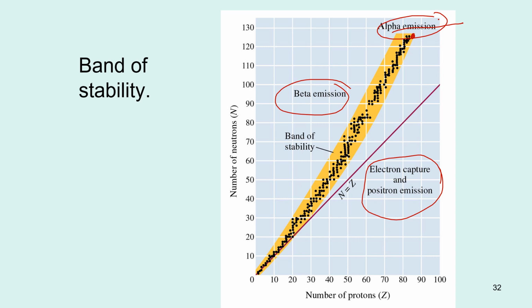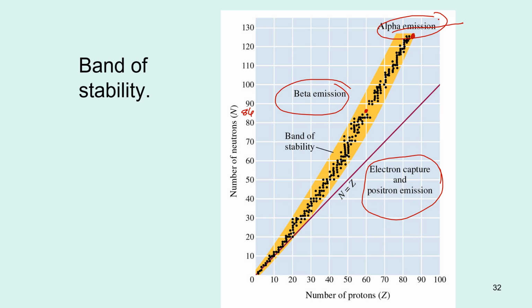So what we're going to do is look at what is stable. With 60 protons, this one right here has about 86 neutrons, and that has to be stable. So we can compare.